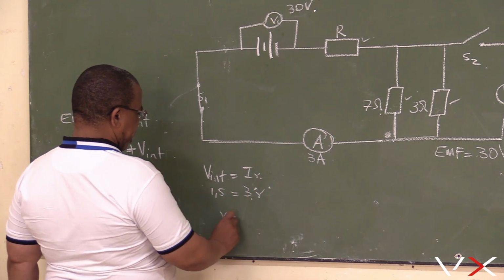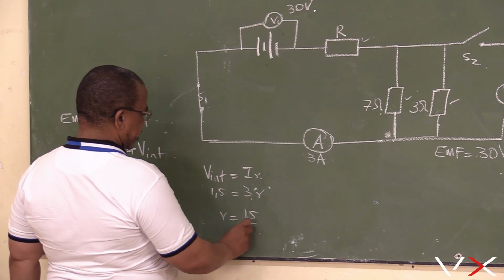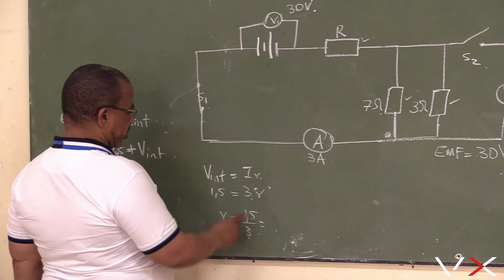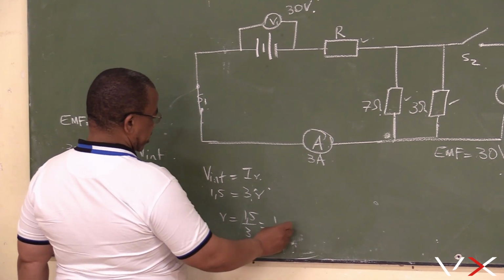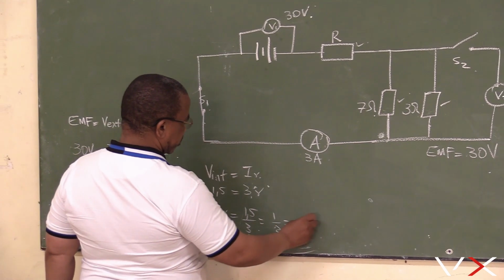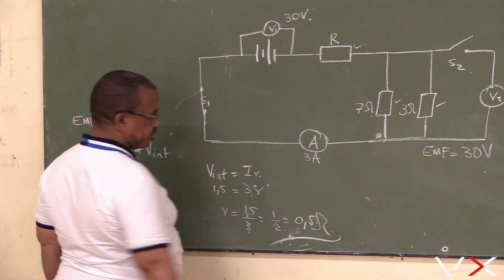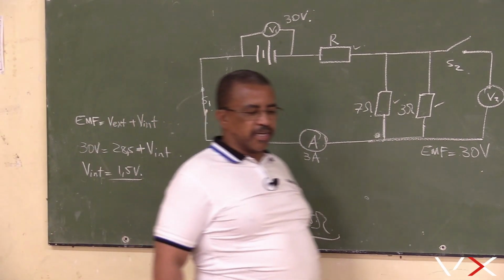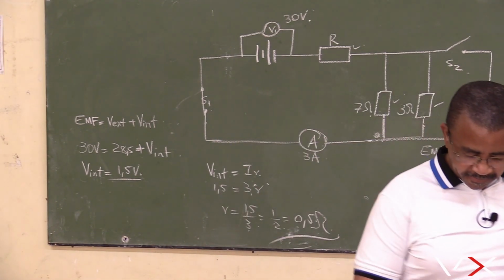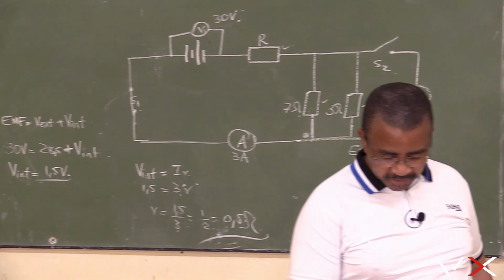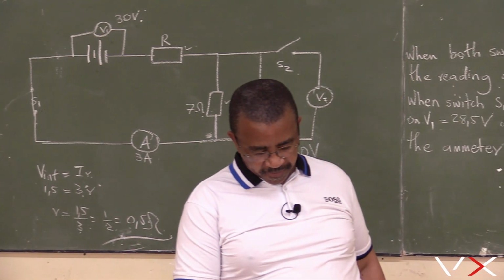So what is R? 1.5 divided by 3. 1.5 ku-1.5 uyakanye ku-3 uyakabili. So the resistance is what? 0.5 ohms. There you are. That is the internal resistance of the battery.